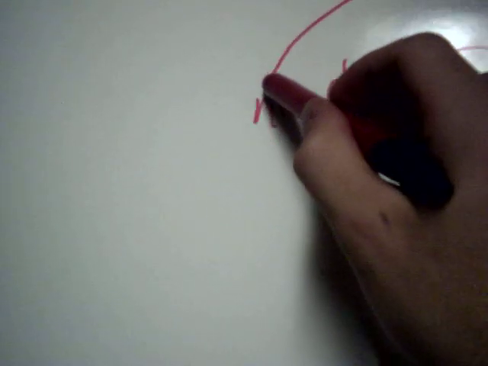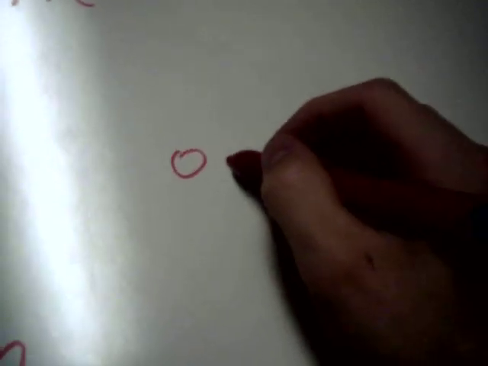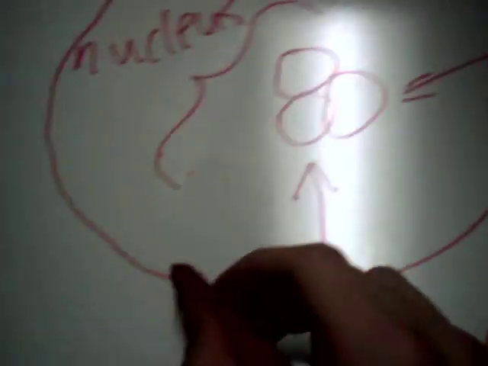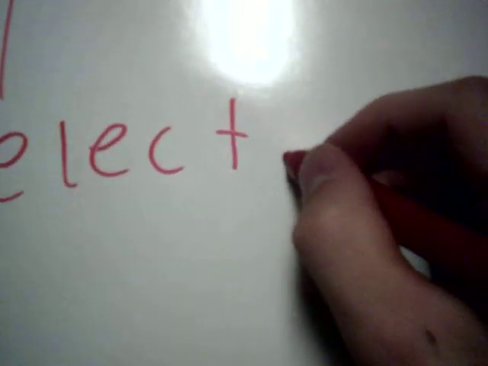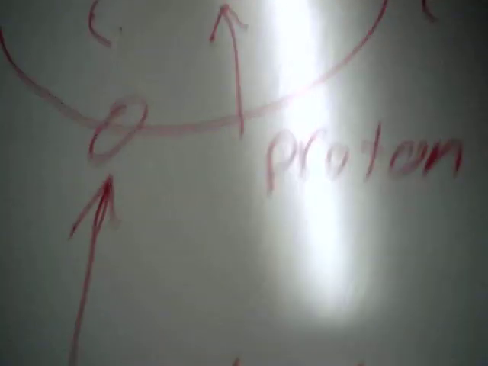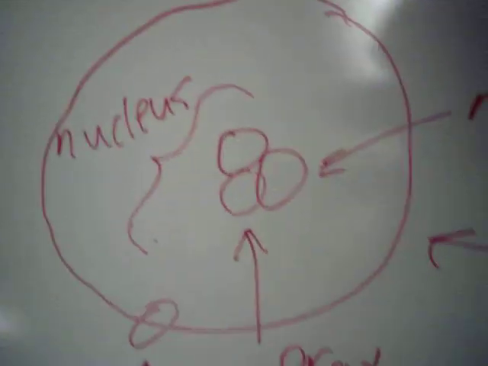And then around the nucleus we have our orbital, right? And then our electron. Okay? This is what an atom looks like. Easy enough, right? We've already gone over this in the first video, basic electricity.